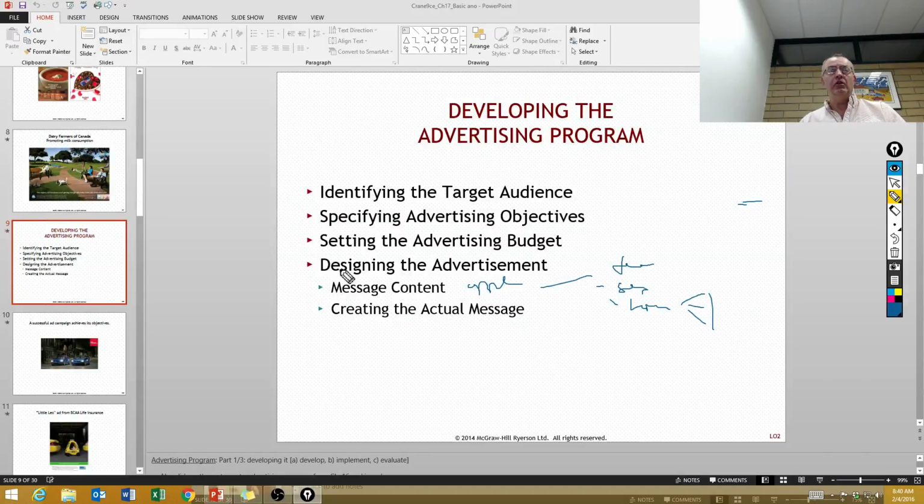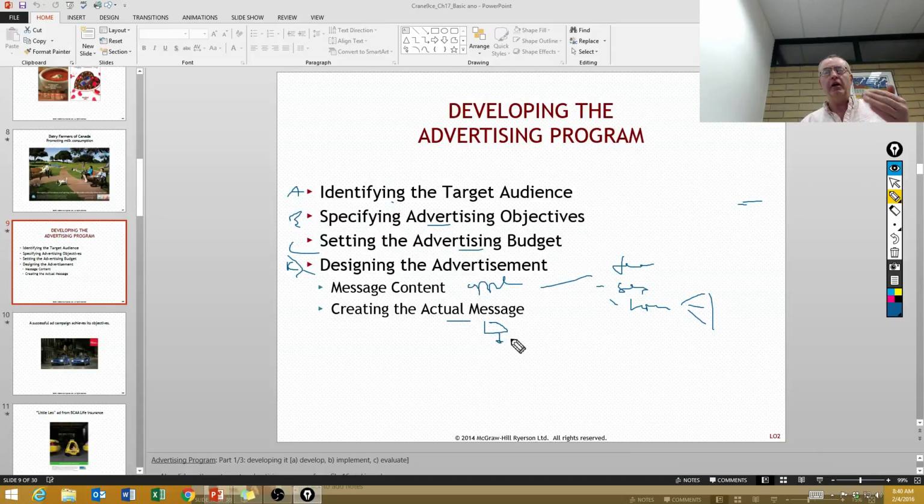Okay, so in developing our ad program here, we have 5 steps: identifying the target audience, specifying objectives, setting a budget, designing the ads, and the other part of designing the ads is hiring artists and copywriters to actually design the ad for the particular media that we're using.